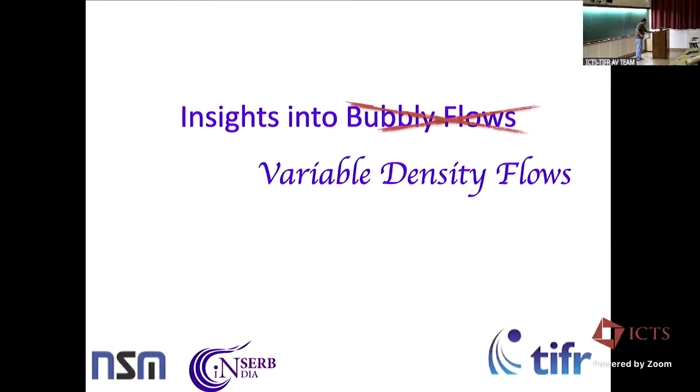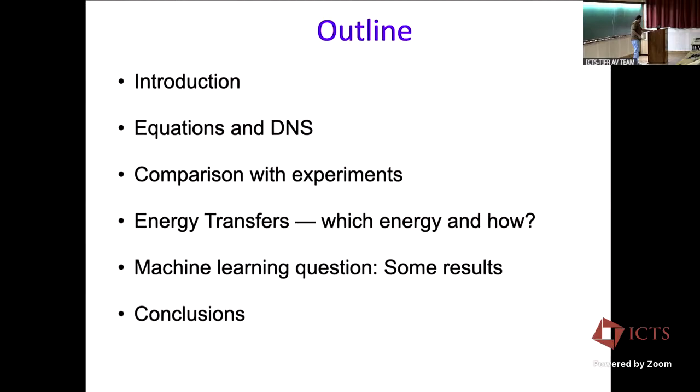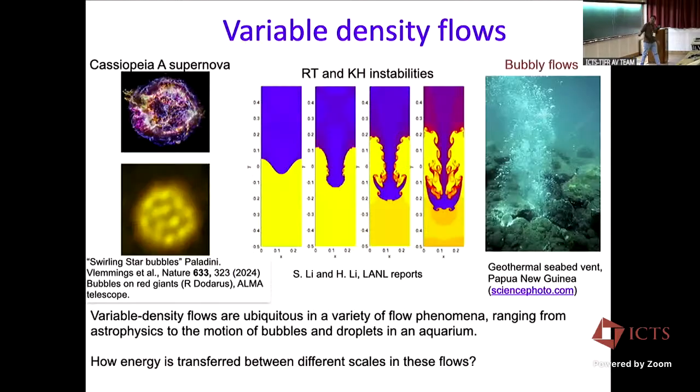At least for today's talk, if you don't like bubbly flows, you could even think of the title as Insights into Variable Density Flows. And why worry about variable density flows, no matter whether you're doing plasma physics, astrophysics, or something else? Because they are everywhere. You could have supernovae, and I found a very interesting paper on bubbly stars.